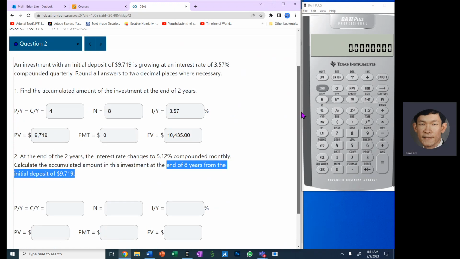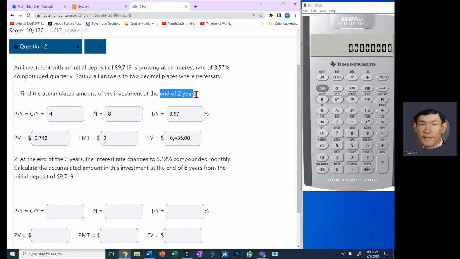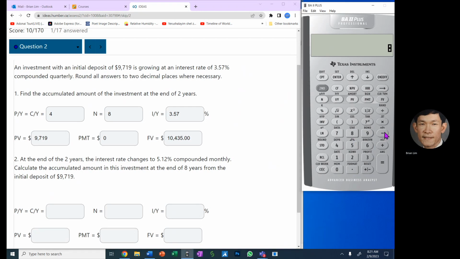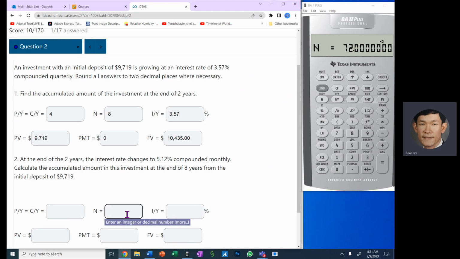So we have to take that 8 and subtract 2 because 2 years have already passed. So 8 minus 2 would give us 6. That is the number of years we use to calculate n. So 6 times 12 would give us 72 here. And CY and CY, they're 12 because it's compounded monthly.